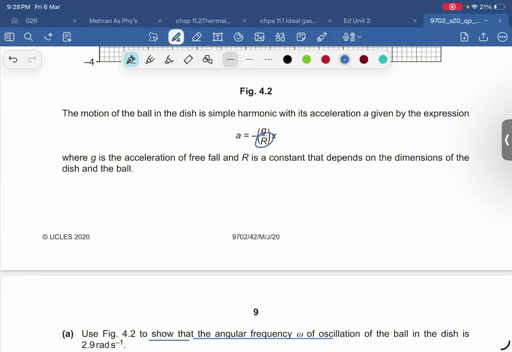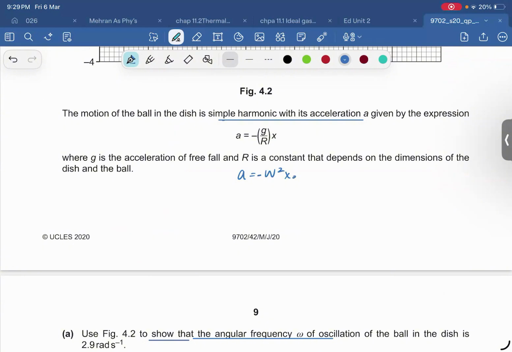You make omega equal to g by r. Okay, and why is that? Any reason for that? Because of the formula, no? Basically a is equal to minus omega squared x. What they're saying is it follows simple harmonic motion, and the formula for simple harmonic motion is a equals omega squared x naught, or x with a negative sign.